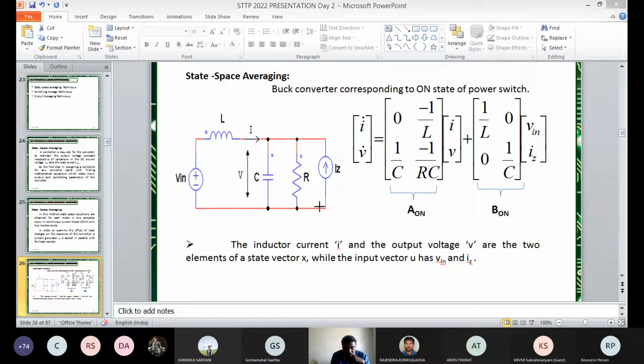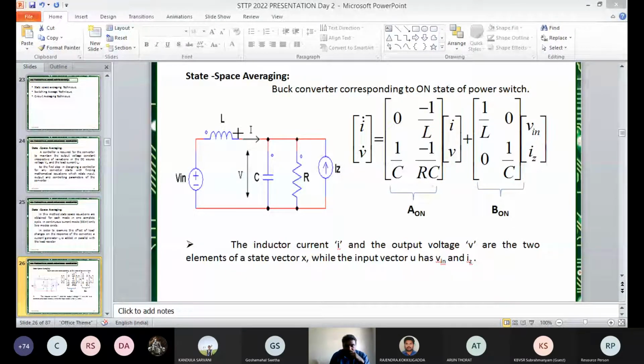The state space model contains x dot equal to Ax plus Bu. So the state equation is x dot equal to Ax plus Bu, in which x is the state variable.